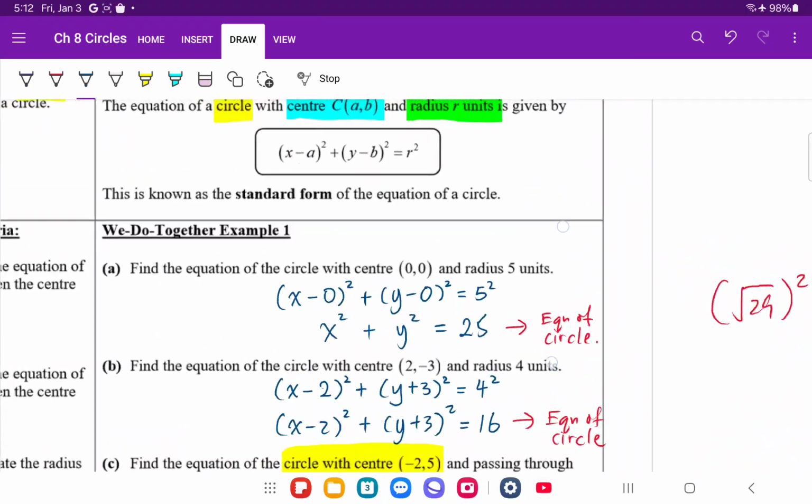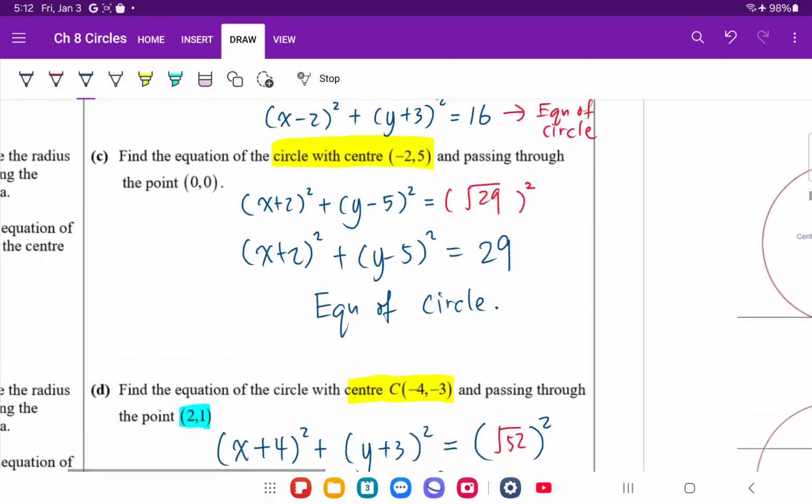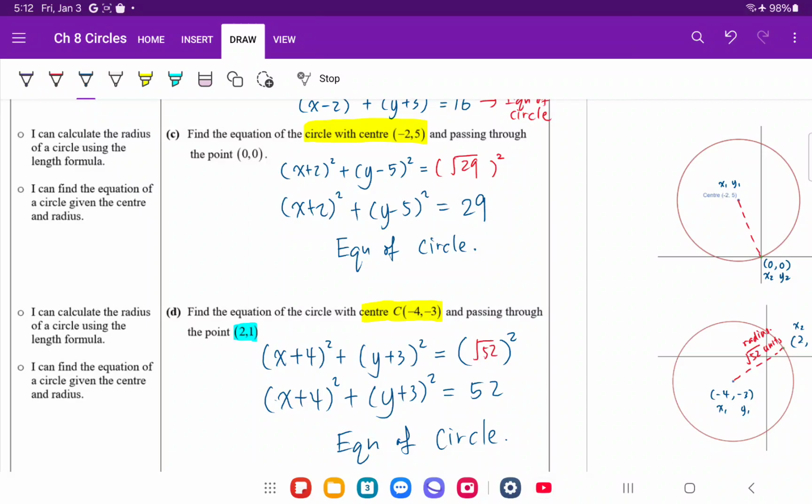After that, we did 2 questions, parts A and B, where all the information is given, the center as well as the radius, and we can happily just calculate. But the problem arises in parts C and D, where they gave us only one piece of information about the center, but they didn't tell us about the radius.